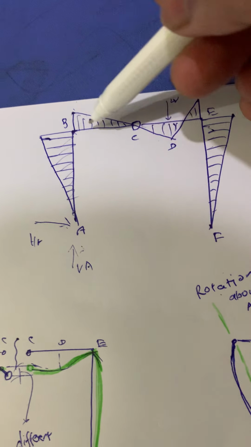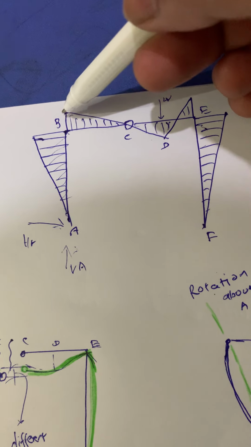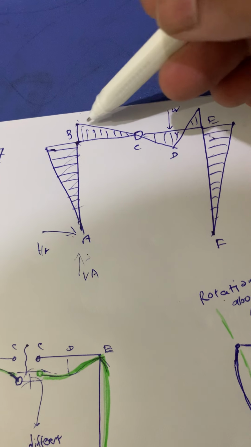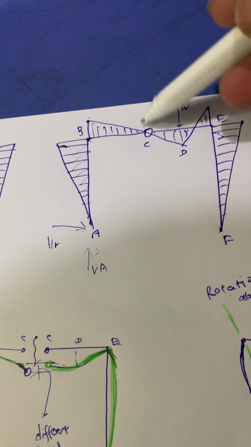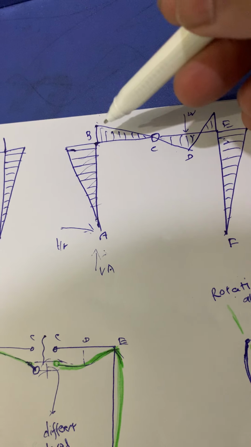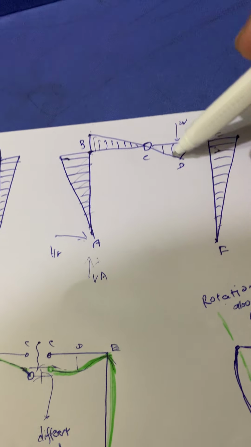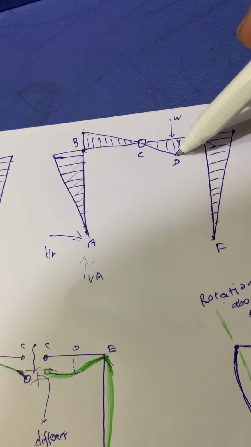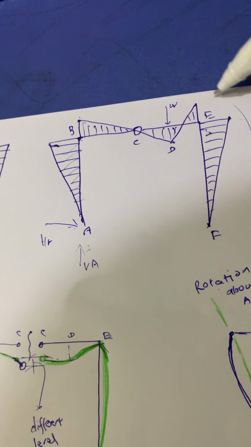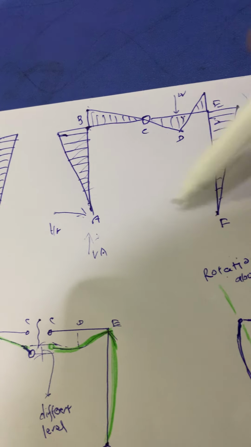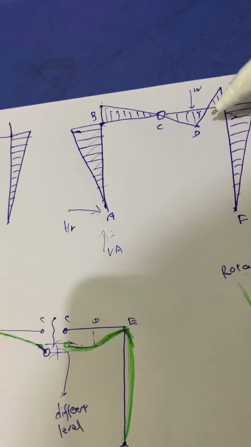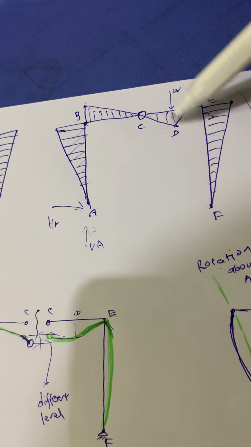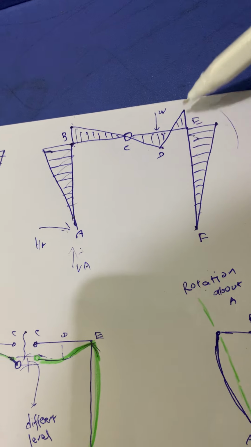Because of this horizontal HA, the moment at this point will tend to remain constant, but VA is trying to reduce it because VA is acting clockwise, HA is acting anti-clockwise. That's the reason it is coming down until we reach this point. After this, it will start adding anti-clockwise to the direction of HA, and VA also is increasing it with the distance, but W will also be opposing. That's why it starts building up.